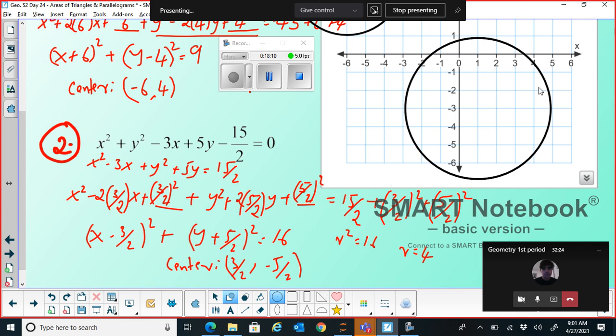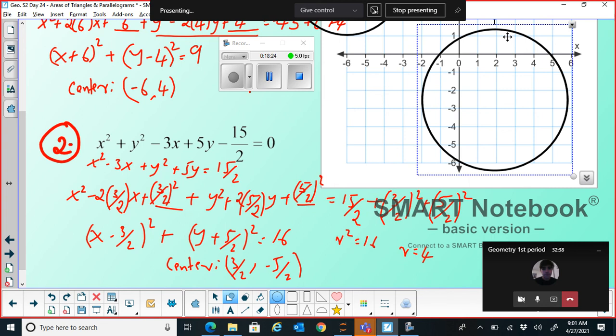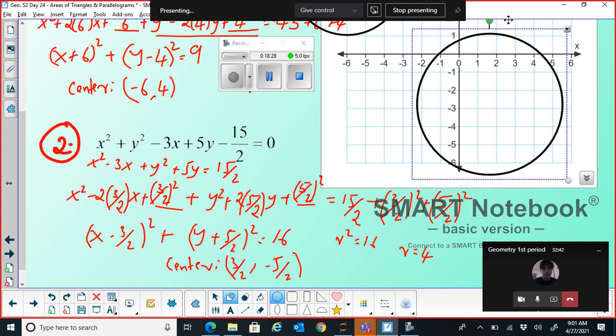Actually it is not centered correctly. I'm not sure if I can move this. Well, I can't move this. Anyway, the same circle I should have got. It is 2.5 center, right?